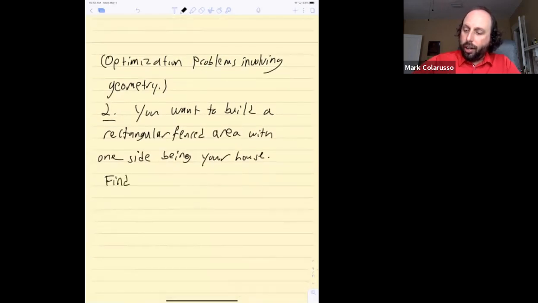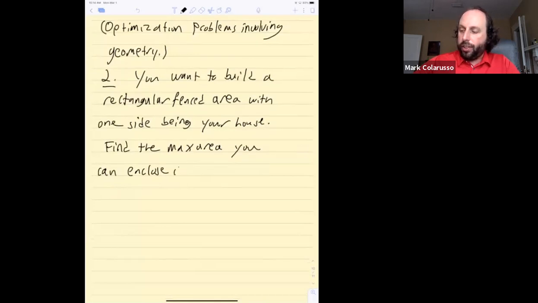Find the max area you can enclose if you only have 100 feet of fencing.